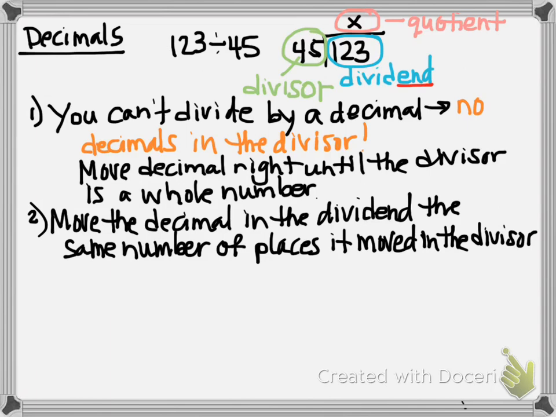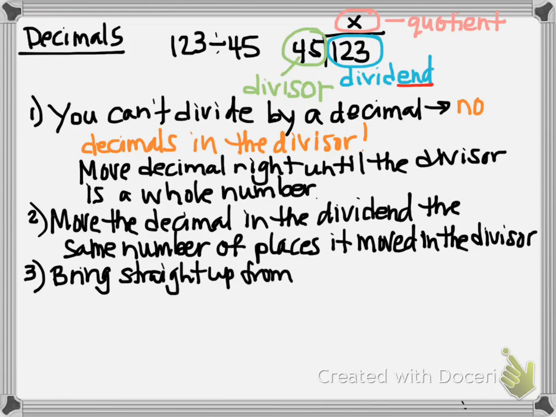Okay? So now we've got a problem set up, except we want to do one more thing. And that is bring the decimal straight up from the new location into the quotient.